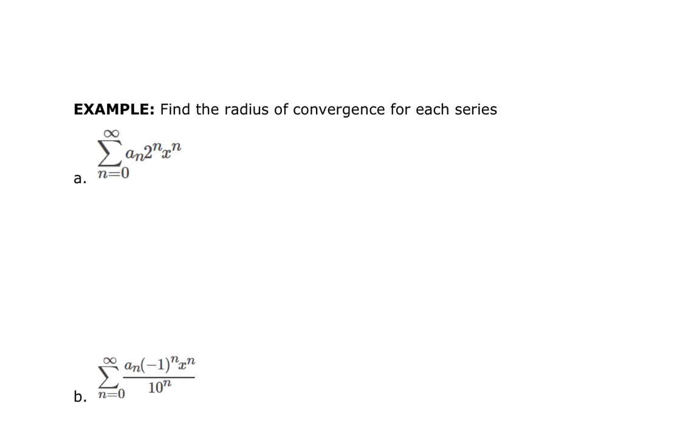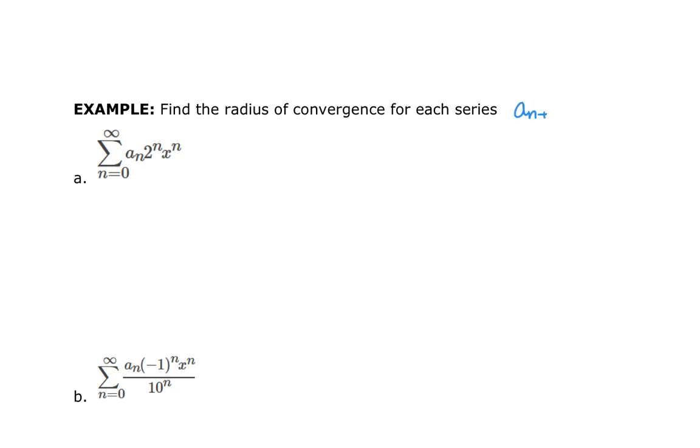So for me to do A and B, I need a little information because I don't have any way to relate a sub n to a sub n plus 1. So let's just assume it's going to be in the homework. It's probably in the book, and I probably just dropped it.